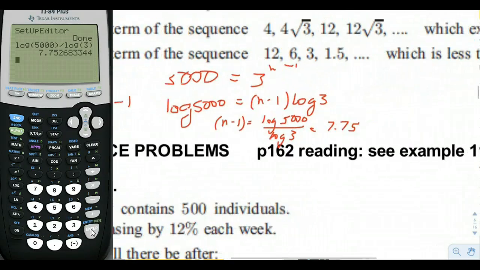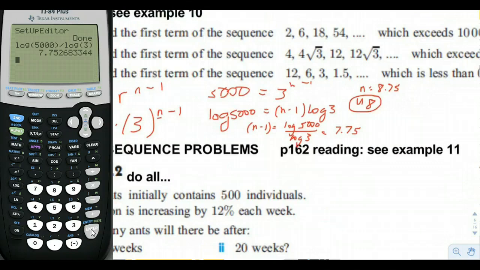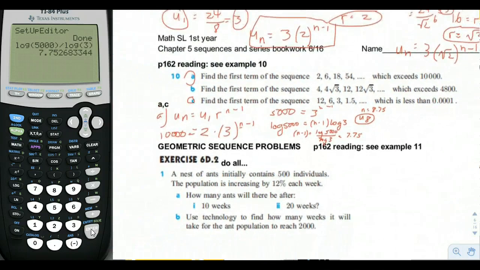Okay, so actually, if n minus 1 is 7.75, that means n is equal to 8.75. So we would want the 8th term. The 8th term would be the last term, which would not exceed 10,000, and u9 would exceed 10,000. So u9 would be greater than 10,000, which is what we wanted to know, right?